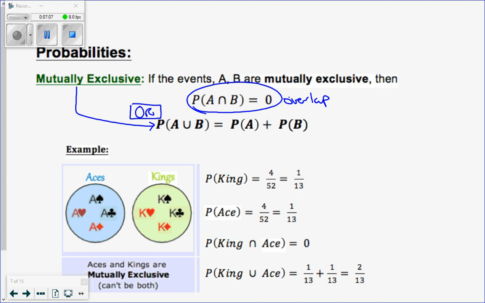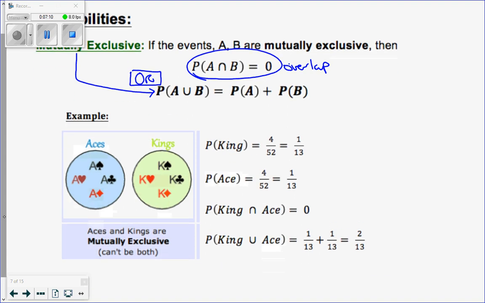So we've got aces and kings are mutually exclusive, right? So your ace, you've got ace of hearts, ace of diamonds, ace of spades, and ace of clubs. You've got a king of hearts, king of diamonds, king of spades, king of clubs. Mutually exclusive. Okay. If the question was, what's the probability of selecting a king?